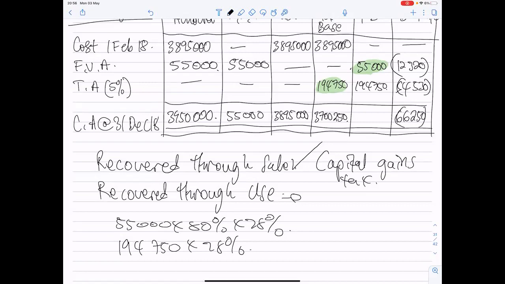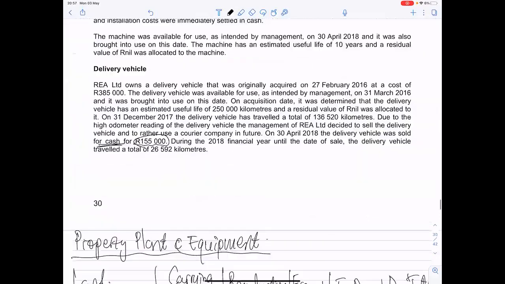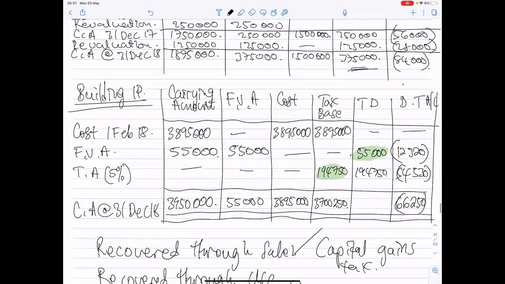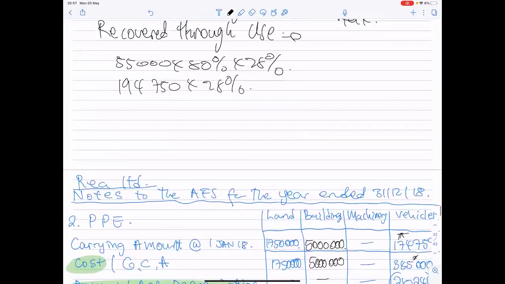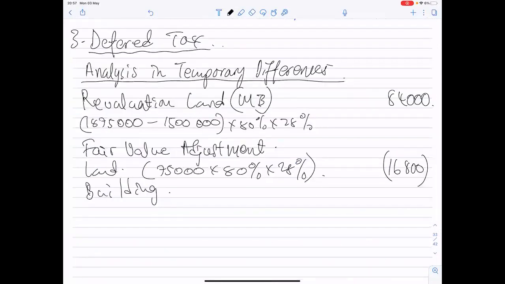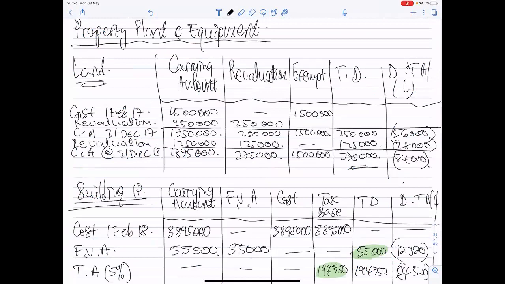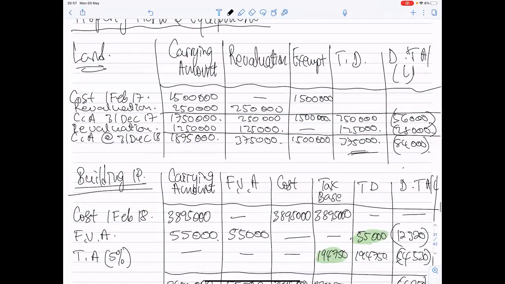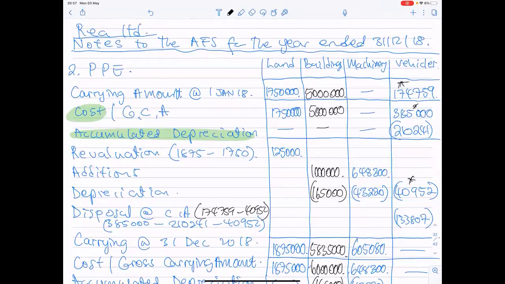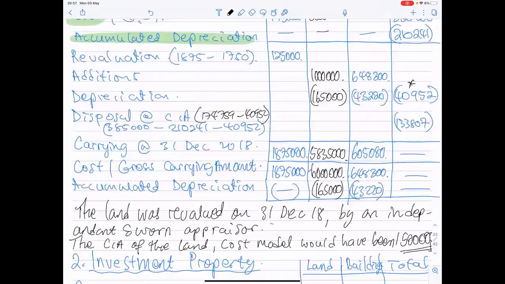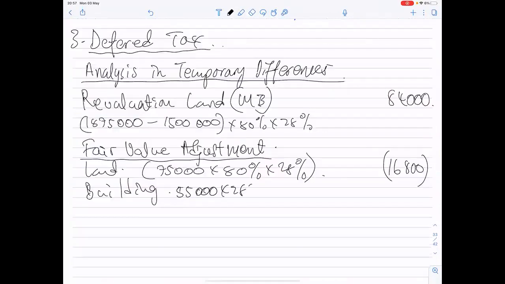But when disclosing, we're going to disclose it separately under deferred tax. There is an amount for our fair value adjustment of the building, which is the fair value adjustment that you made of 55,000, by 28% by 80%.